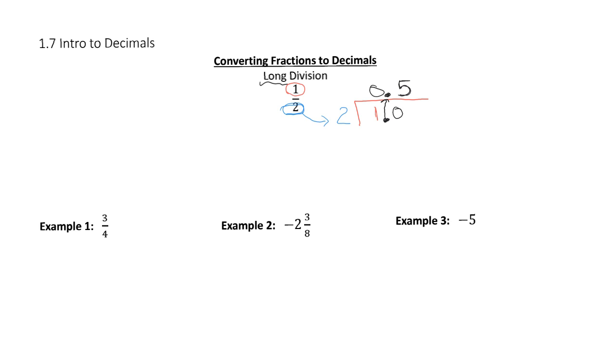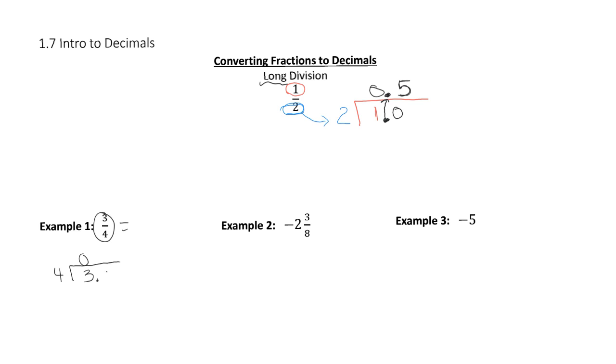Okay, so let's practice another one then. I want you to do 3/4. Turn that into a decimal. So I want you to pause and try it on your own. So now that you've paused, hopefully your work looks like this.